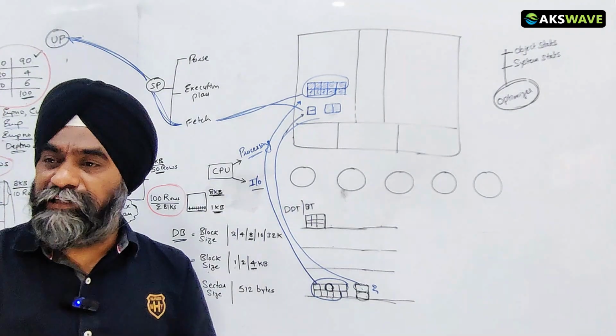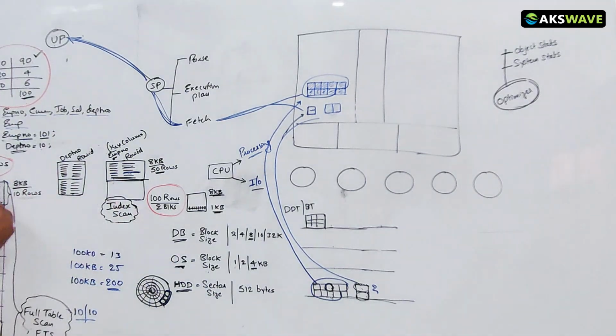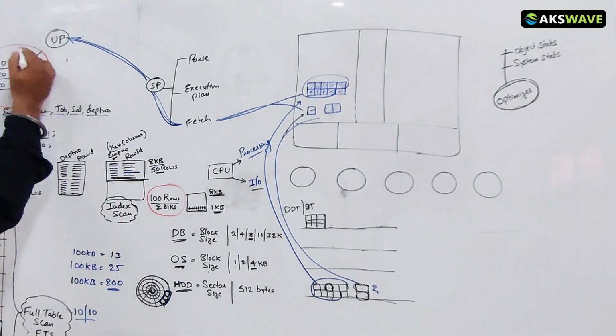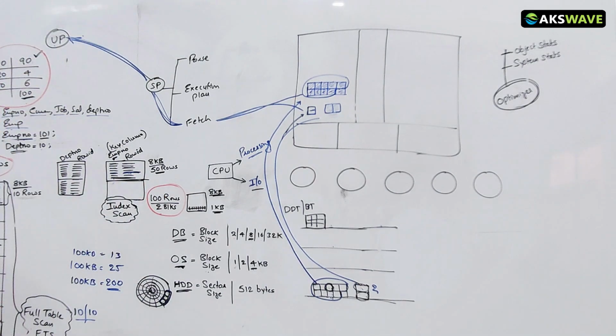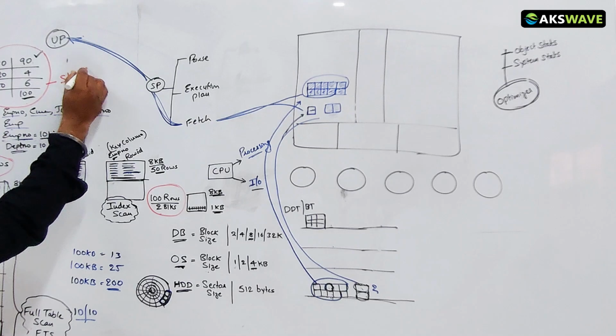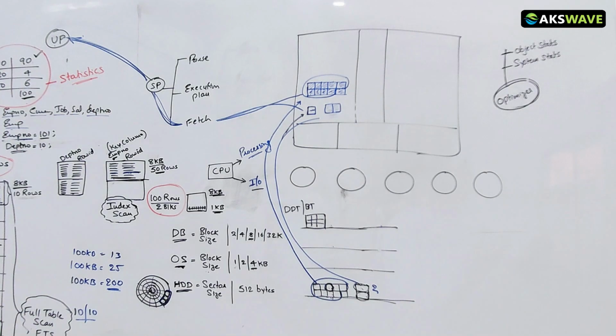To make decisions, you need information. All this information, whatever is here, table level information, index level information, column level information, and information on the values in that particular column, we call all of these statistics.